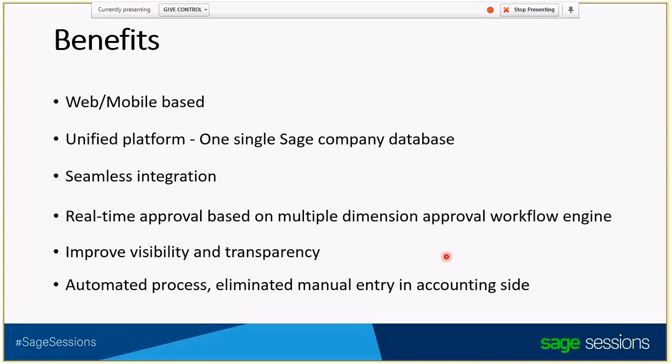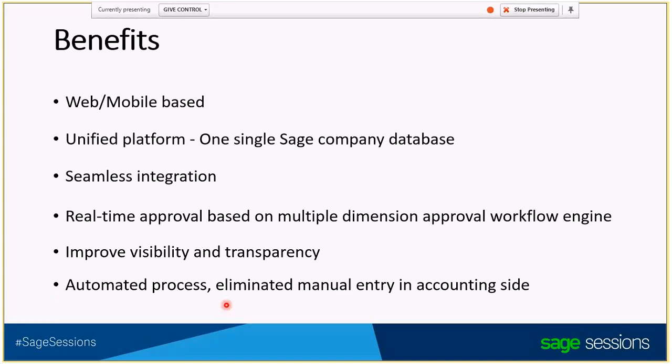You can see the whole process is automated, and it eliminates the manual entry on the accounting side. Employees can help themselves to enter the expense report, purchase requisition or timesheet. And after the documents are approved, they can flow into Sage 300 automatically.